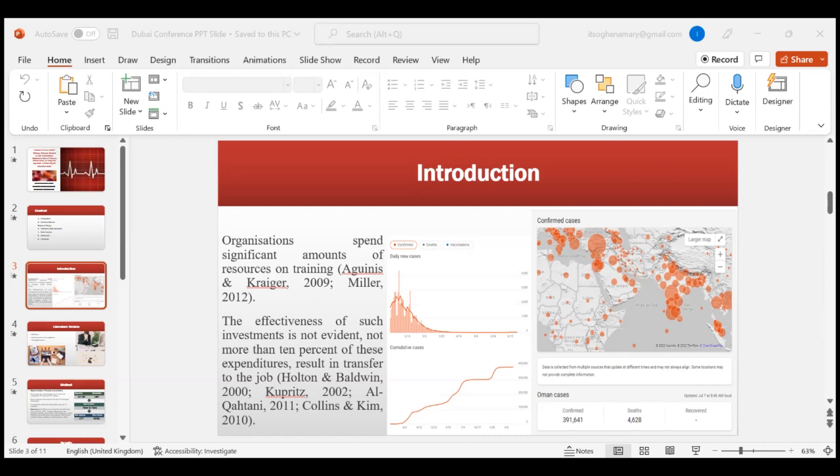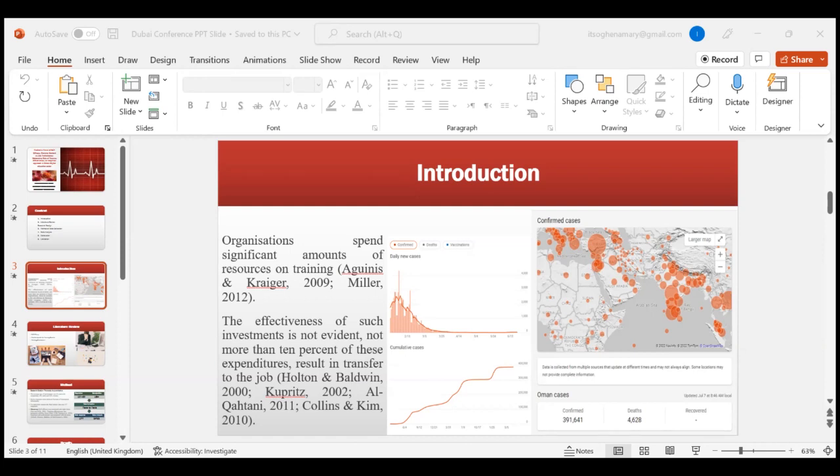But despite all the money spent on training, little evidence has been presented on how effective the training is. We also discovered that a majority of studies have been done in different countries, especially in Europe, on training and employee performance, organization performance, and other outcomes.